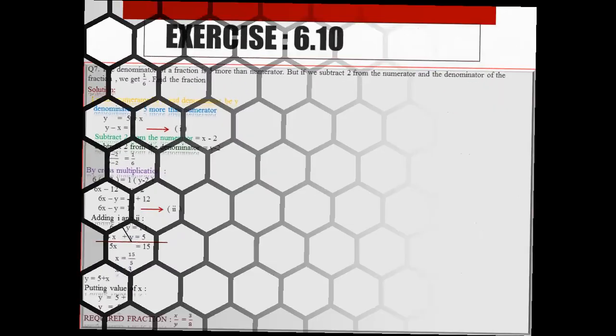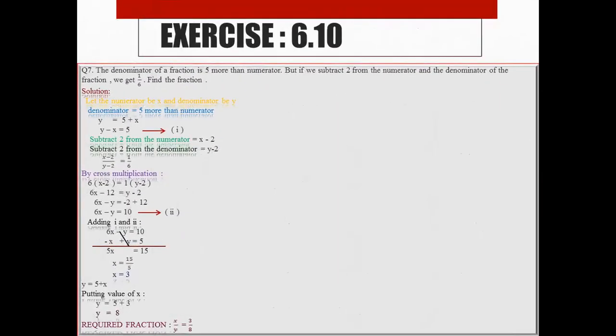Yes, in question number 7, the denominator of a fraction is 5 more than the numerator. I told you that when we say more, it means that we add that number. But if we subtract 2 from the numerator and the denominator of the fraction, we get 1 by 6.